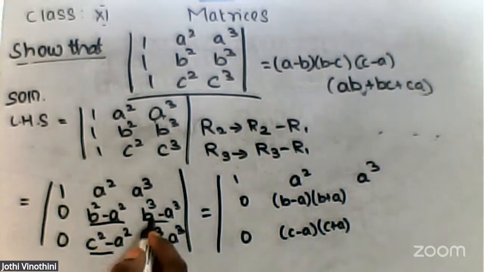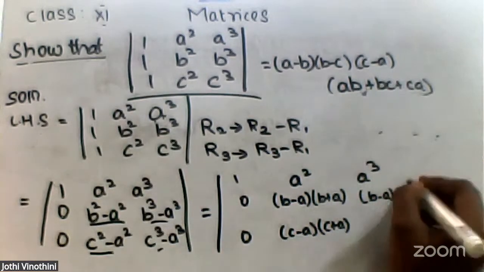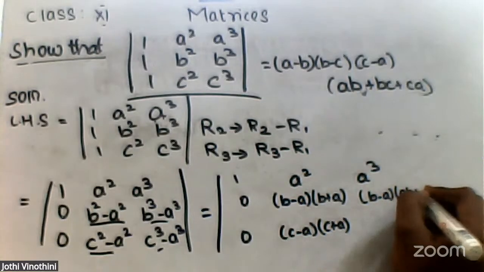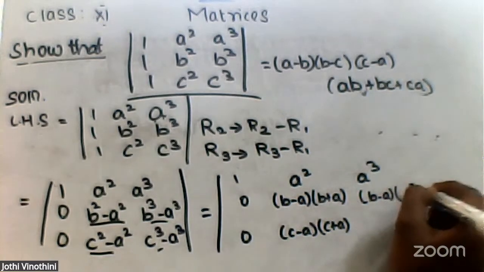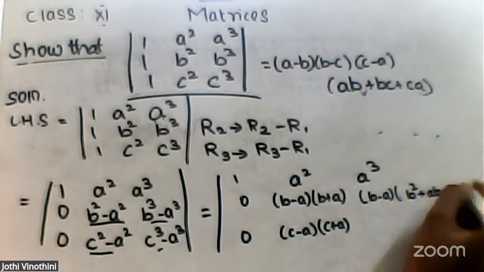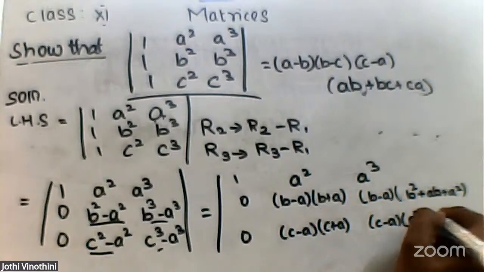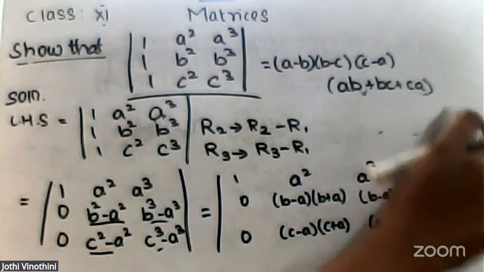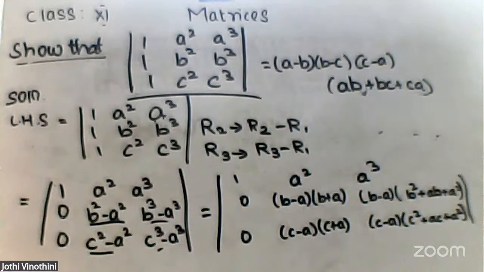This is in the format of a cube minus b cube, so it becomes b minus a multiplied by b squared plus ab plus a squared. Here also it becomes c minus a multiplied by c squared plus ac plus a squared. Clear?